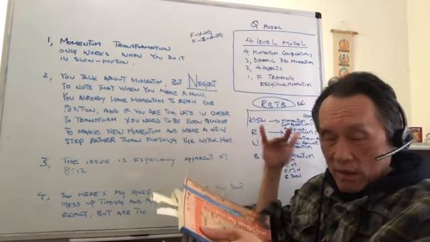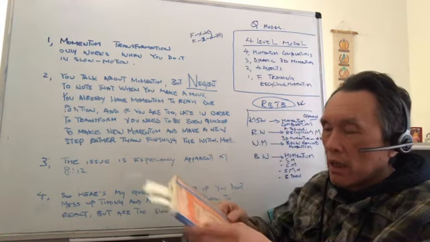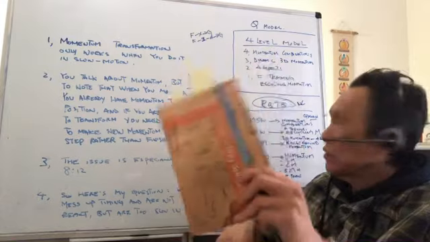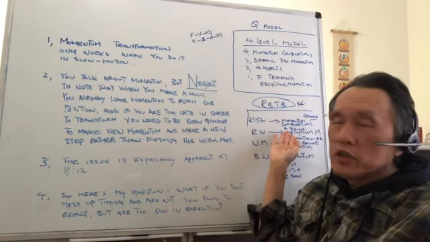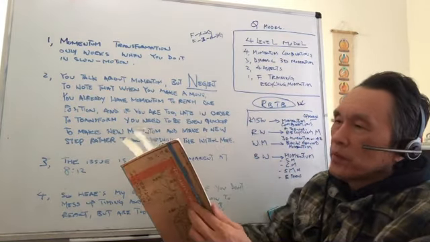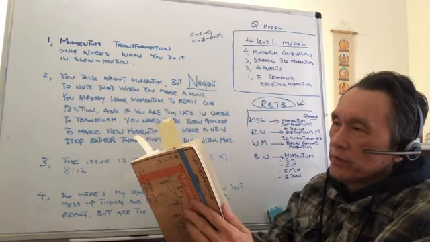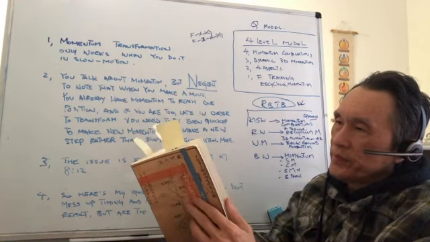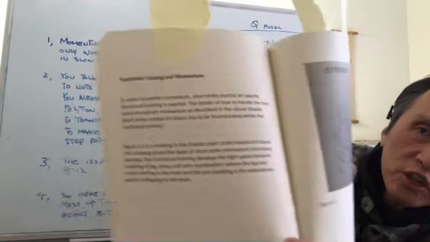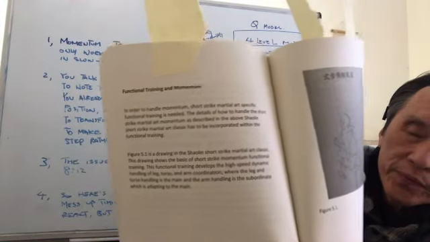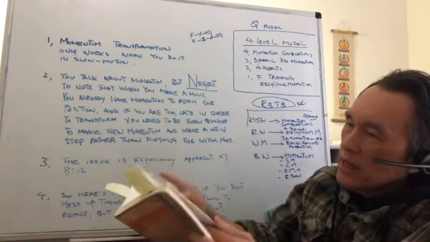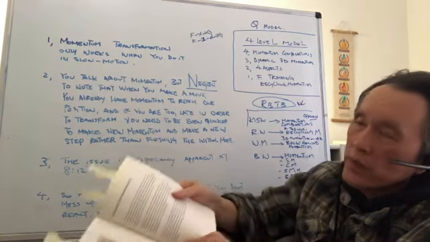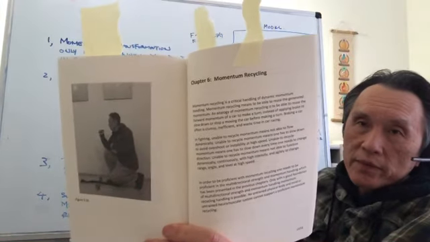Now, after you have that basic, further when you go to Restricting Wing Chun, I introduced the functional training for momentum. Functional training. And then, a very crucial topic, momentum recycling.